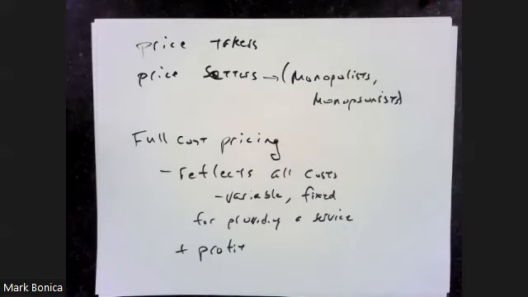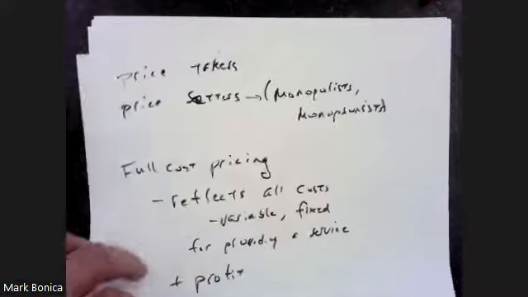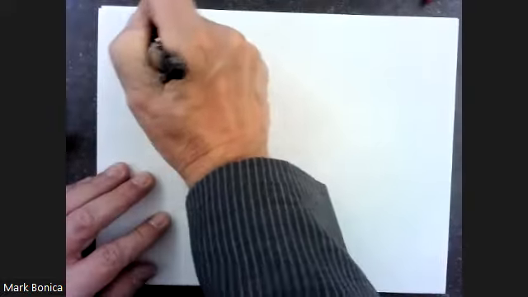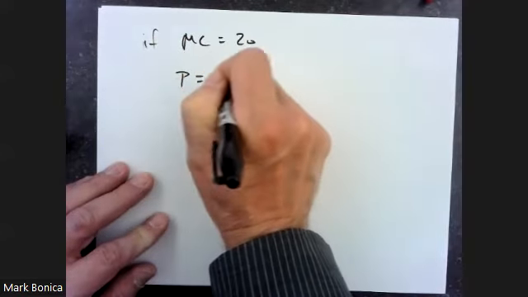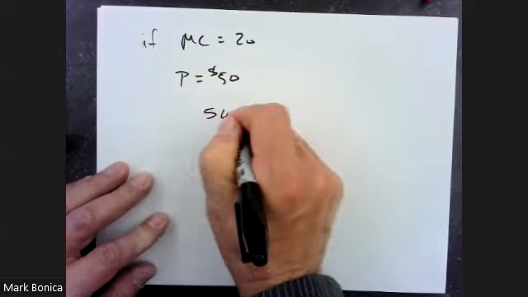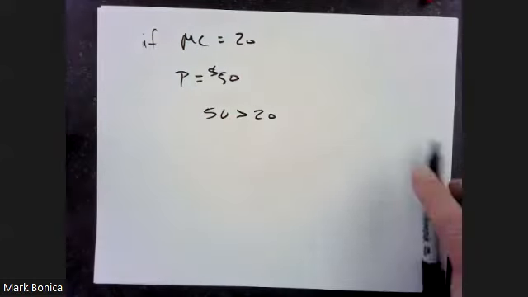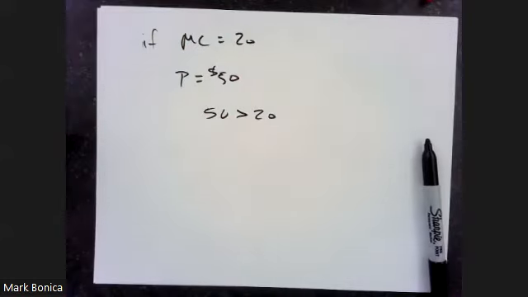In the short run, 50 is more than 20, right? If your marginal cost is 20, and they're offering you a price of 50, 50 is greater than 20, right? So you're better off taking that 50 than not taking it.